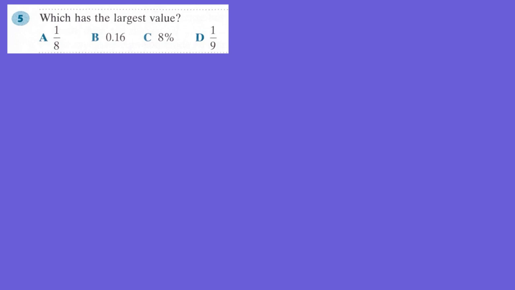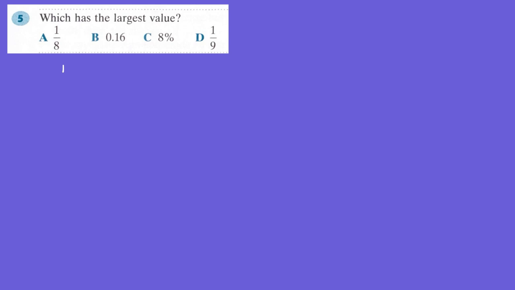So finding the largest value here, we've got 2 fractions, 1 decimal number, and 1 percentage number. To compare the values for the largest value, we really need to change them into one type, either the fractions, the decimal, or the percentage.